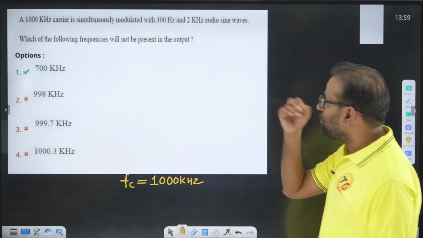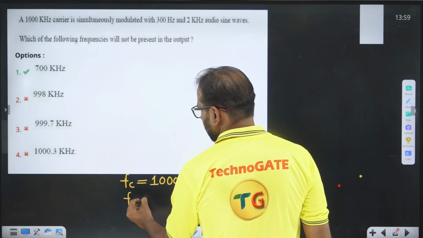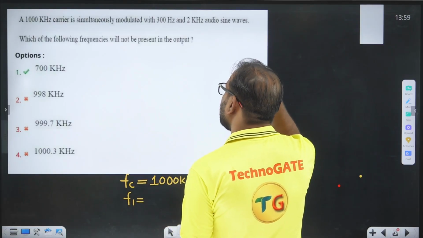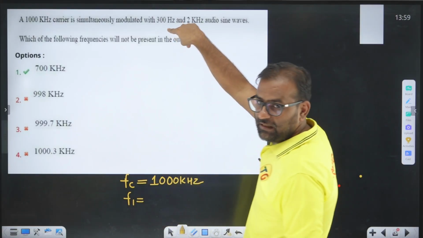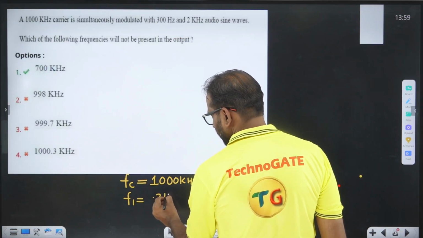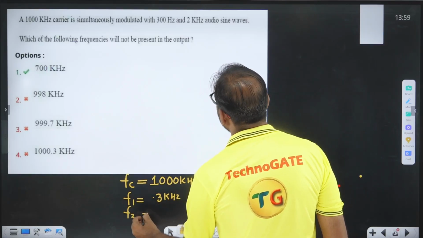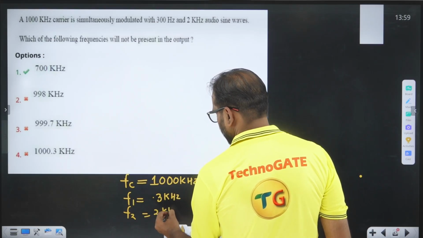And you have two modulating signals, not modulated signals. I am calling this F1, which is 0.3 kilohertz, and F2 is equivalent to 2 kilohertz.